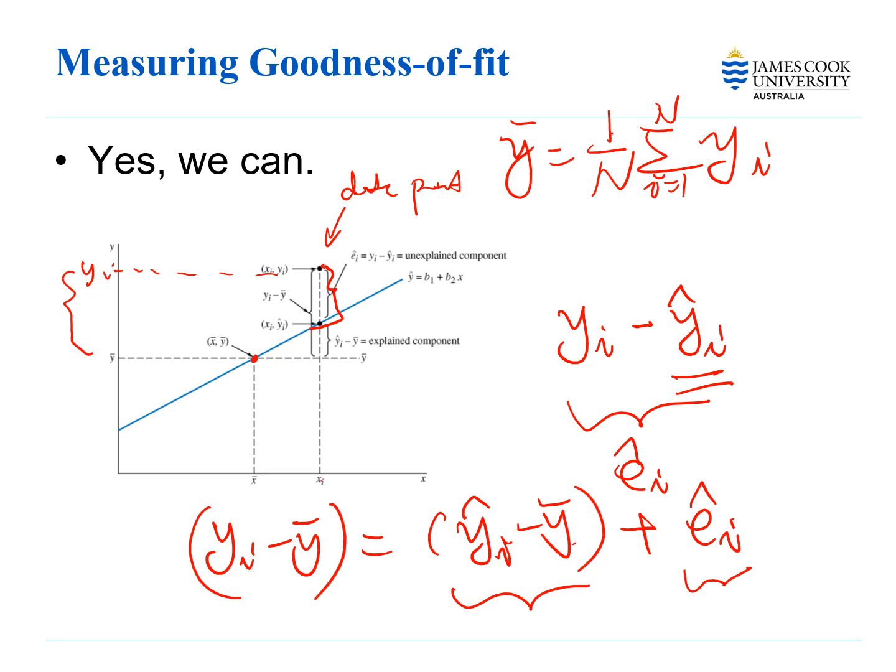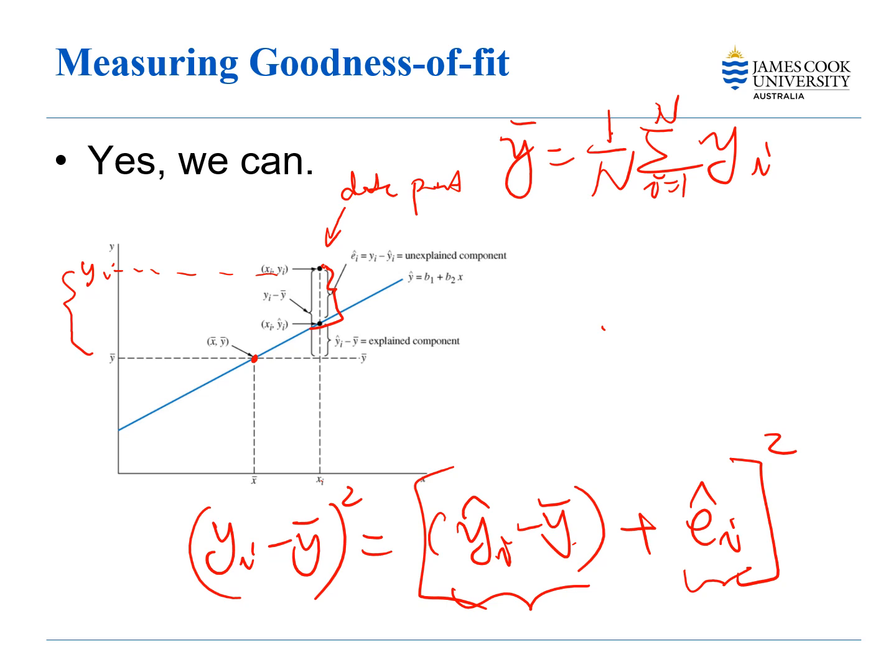And this is for just one i. So we can sum them all up. Okay, sorry, before summing up, let's square them, to get rid of the negative sign. Otherwise, if we sum them up, positive deviations will cancel out negative deviations. So let's square them.